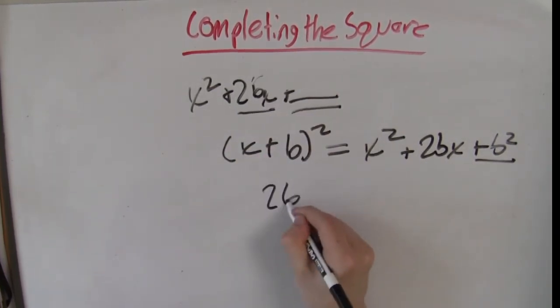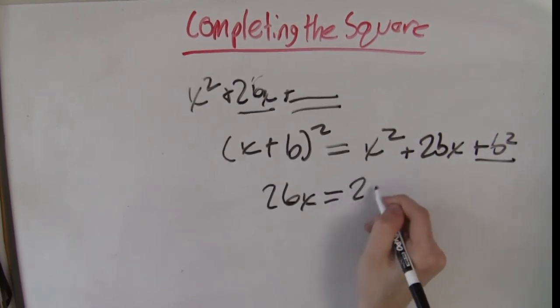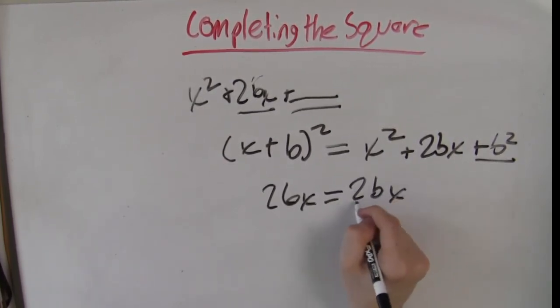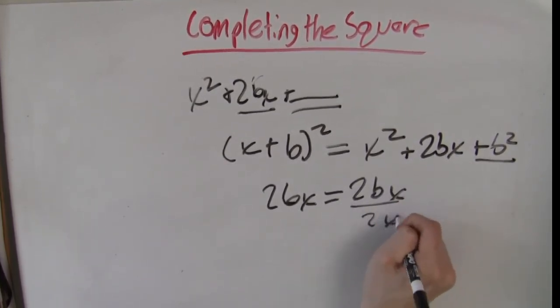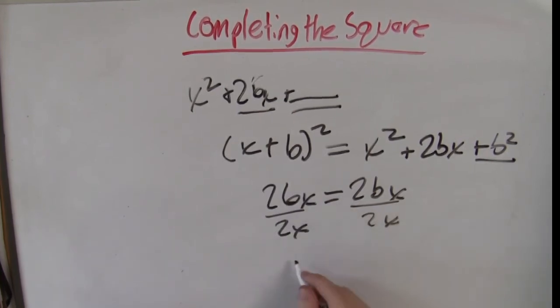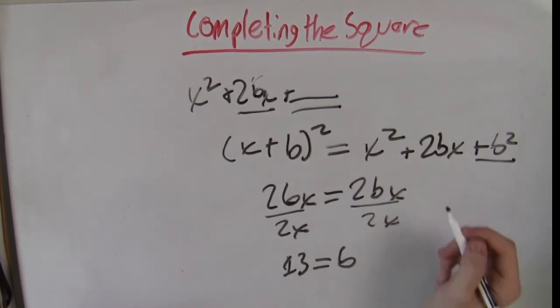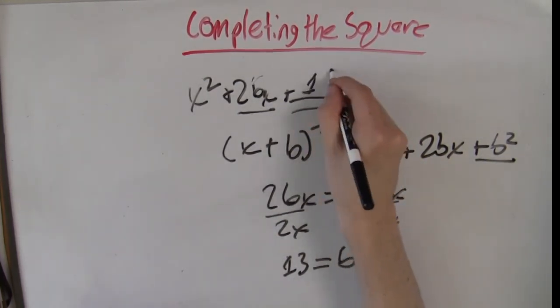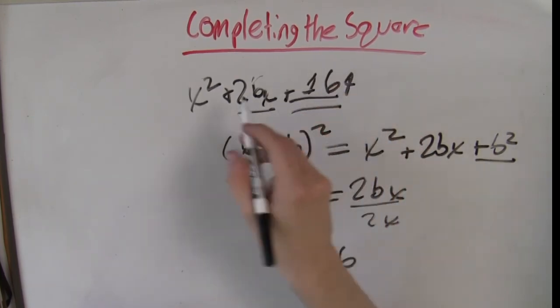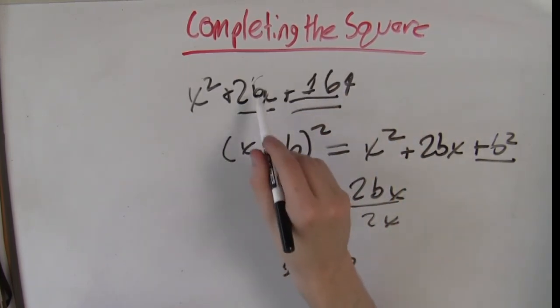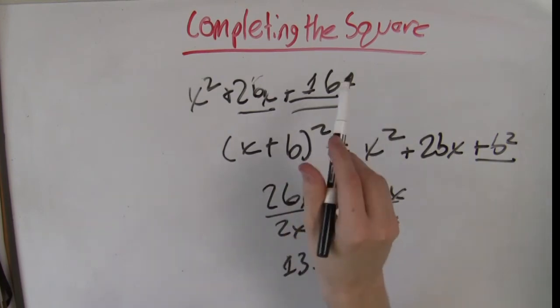So we can say 26x = 2bx. We can divide by 2x and get 13 = b. So that means we're going to add 13², or 169. So in order for this to be a square, it's going to be x² + 26x + 169.